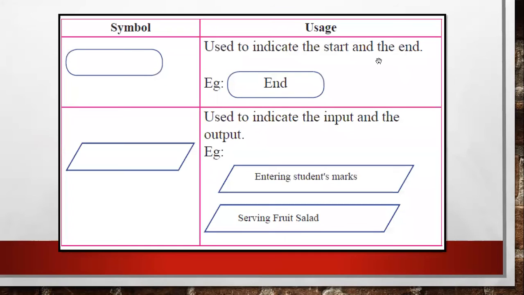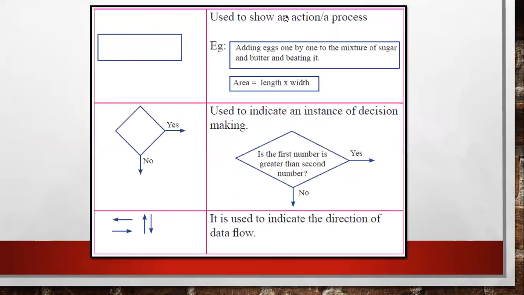One symbol is used to indicate the start and the end. Then another symbol is used to indicate the input and the outputs. Here, a symbol is used to show an action or a process, for example, adding x one by one to the mixture, and area equals length into width, like that.